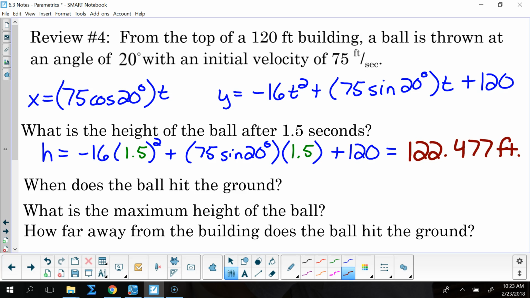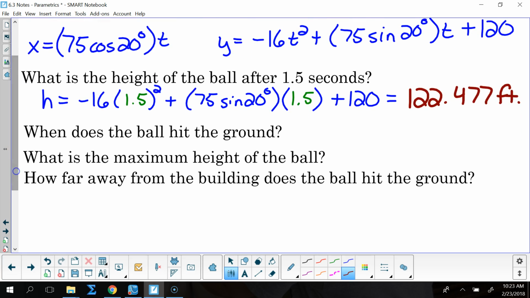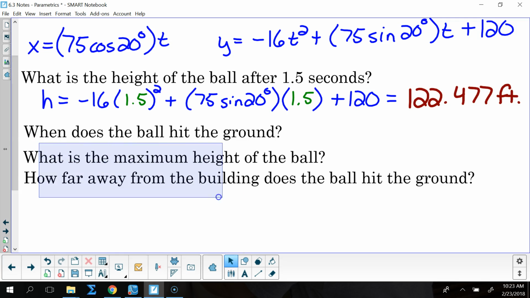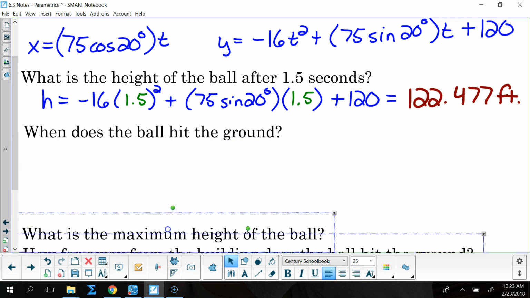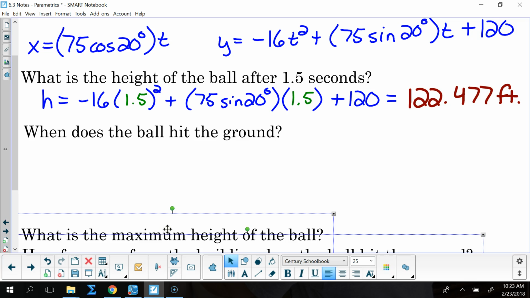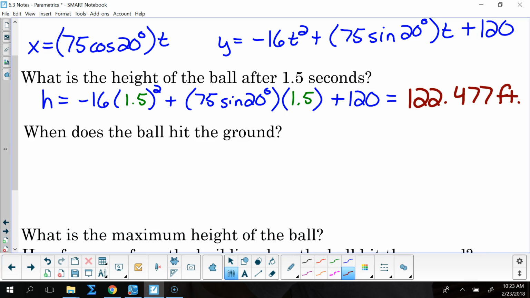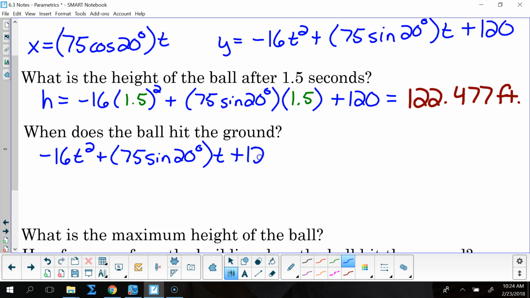Okay? When does the ball hit the ground is the next question. Well, to solve that one, I have to figure out my y equation, negative 16t squared plus 75 times the sine of 20 degrees times t plus 120. I need to figure out when that is 0.